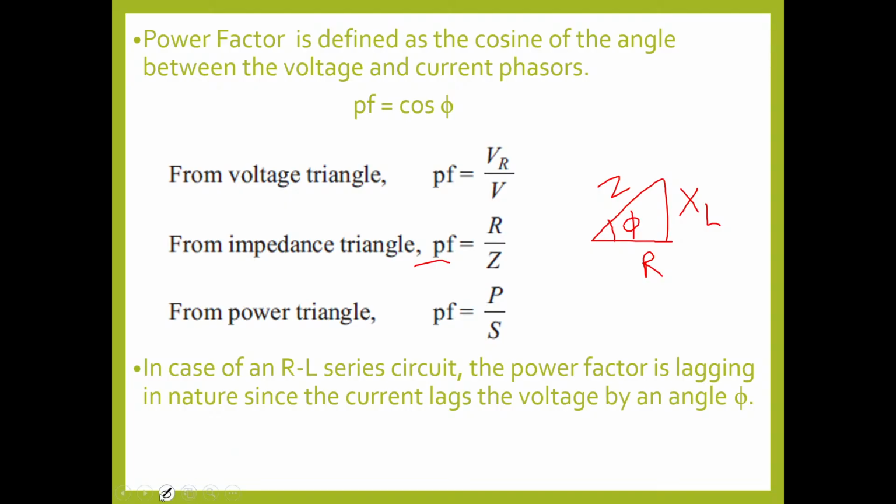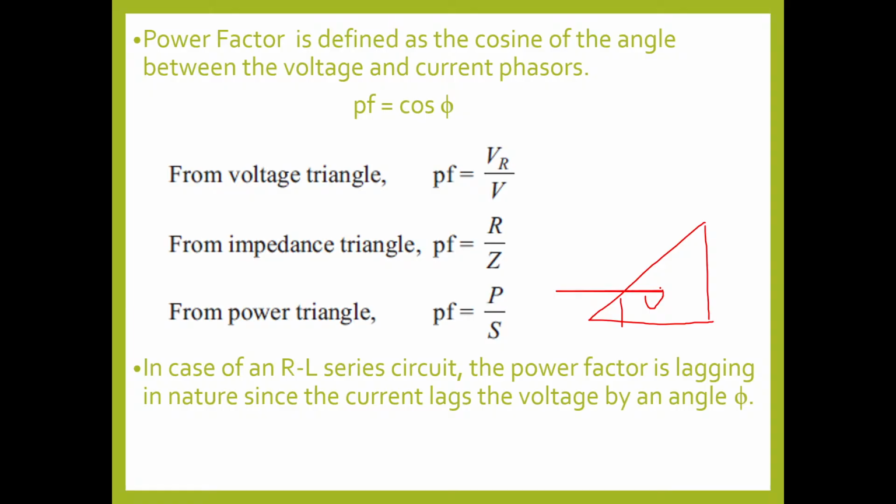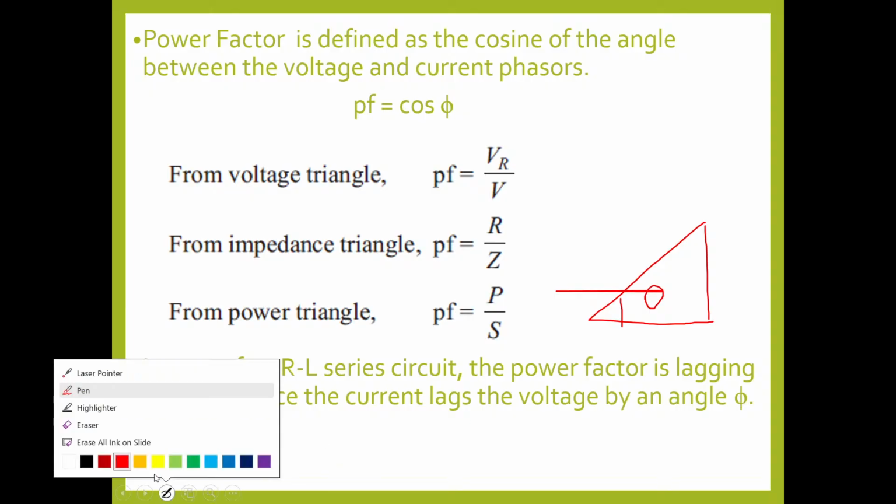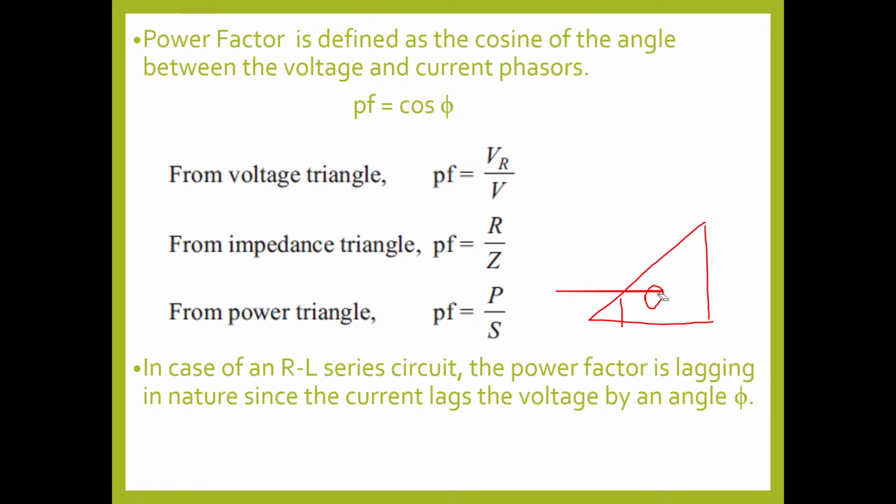Similarly, the power triangle. So draw the power triangle. This is the angle phi, with active power P, reactive power Q, and apparent power S. So what is the power factor cos phi from this triangle?